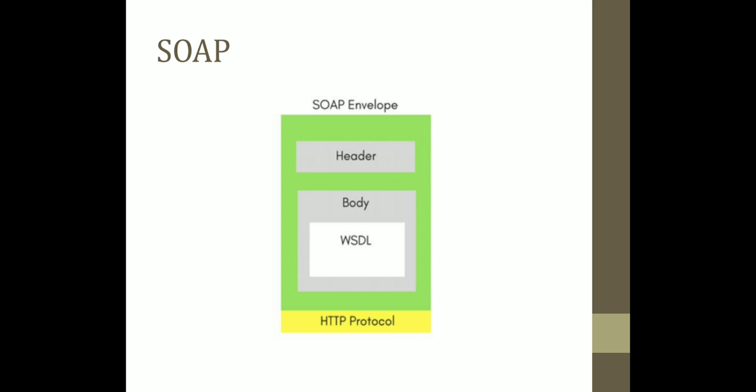Considering a real world example, if a client wants to get information about any employee by sending the employee ID in the request, he can perform this operation using web services. This is the simplest real world example.